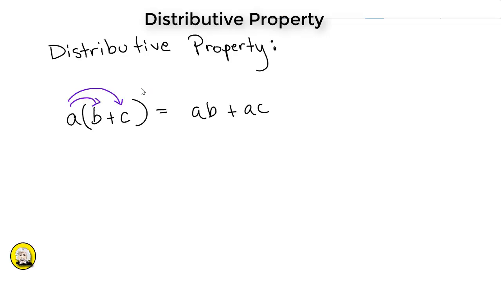So when we go in this direction, we would effectively say we are expanding the expression. That can be quite useful for being able to manipulate expressions and solve equations.